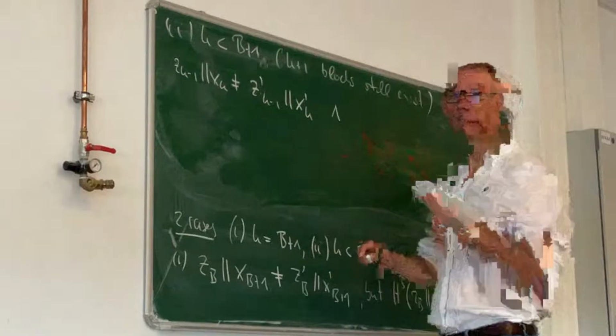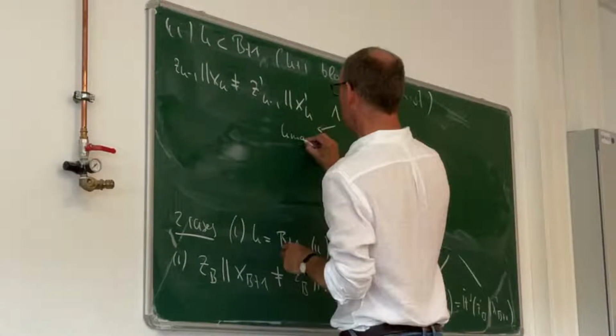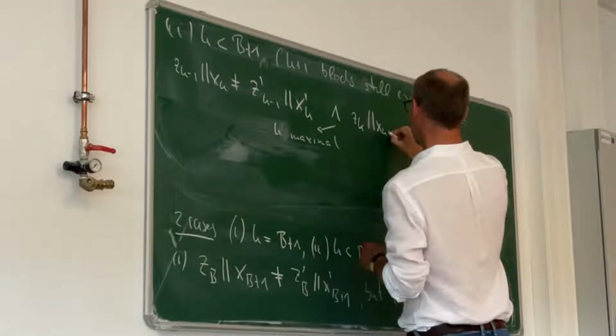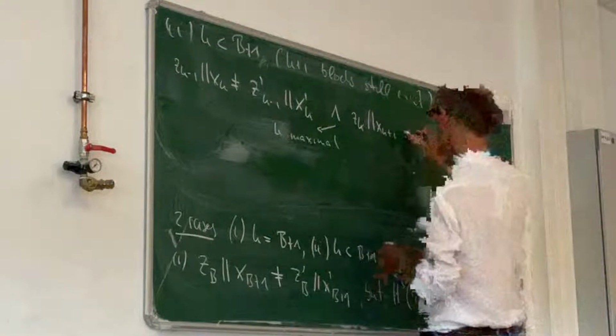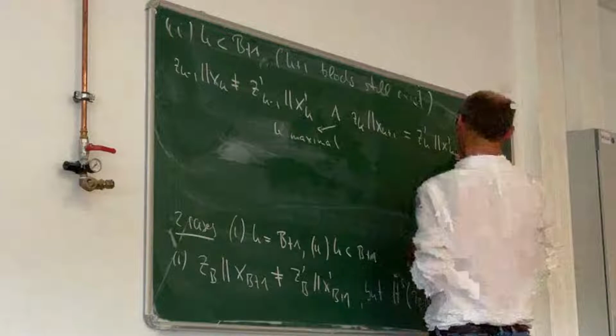And because k is maximal with this property, we know that z_k concatenated x_{k+1} is equal to z'_k concatenated x'_{k+1}. Right? And this block exists because k is less than b plus 1. It does not exist in the other case, and that's why we do the case distinction.